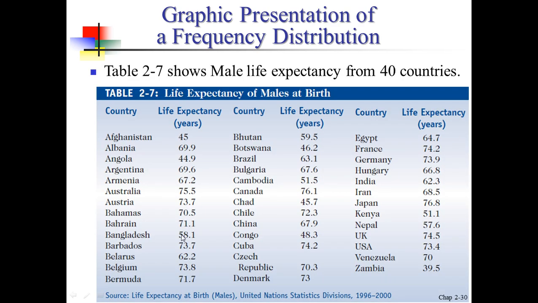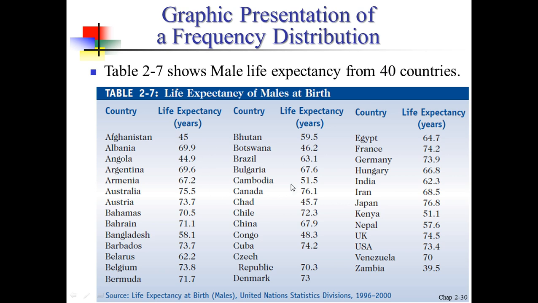Suppose that we have a new table, new data. I have this one, table 2.7, showing male life expectancy from 40 countries. So from 40 countries, this is the data set, so n equals 40.